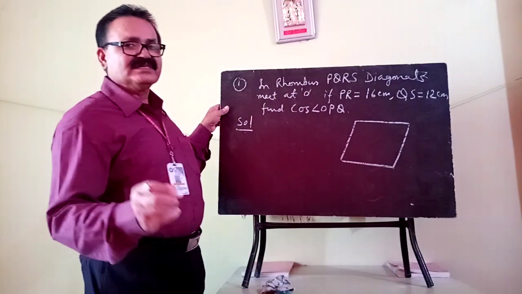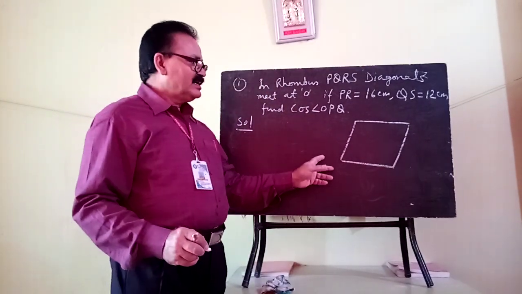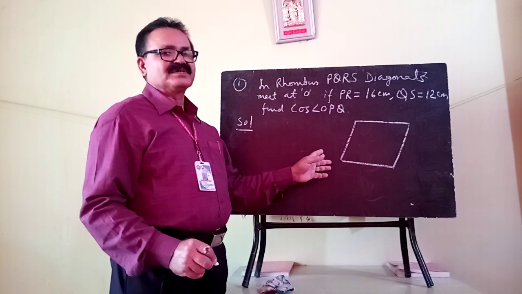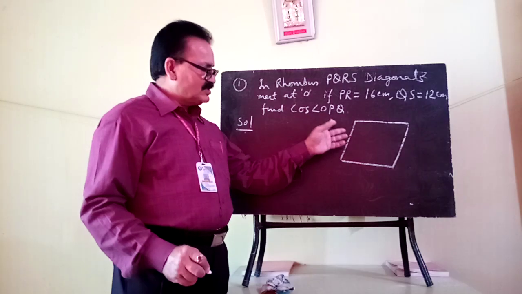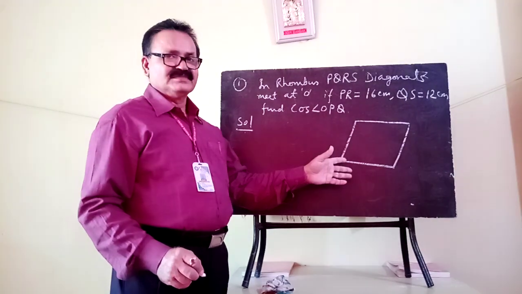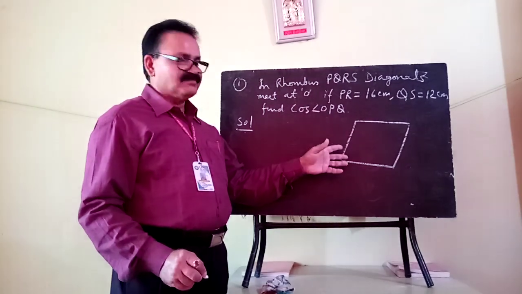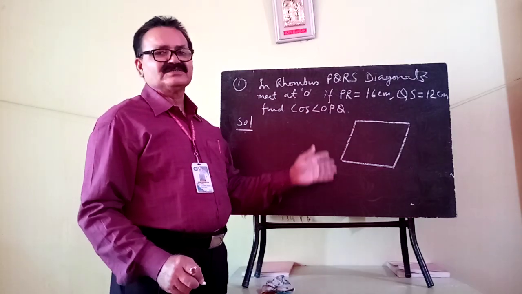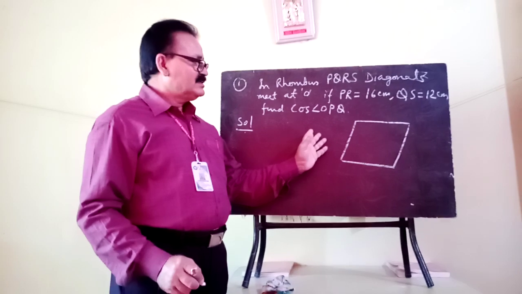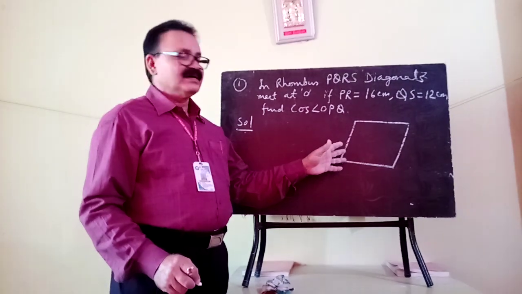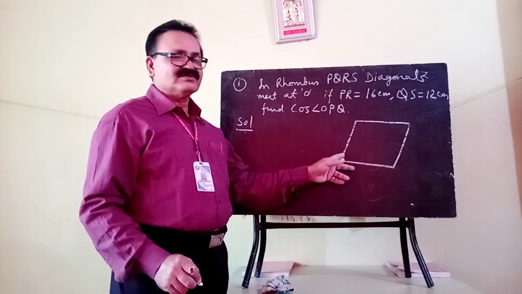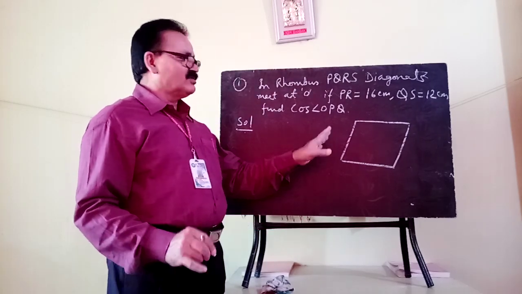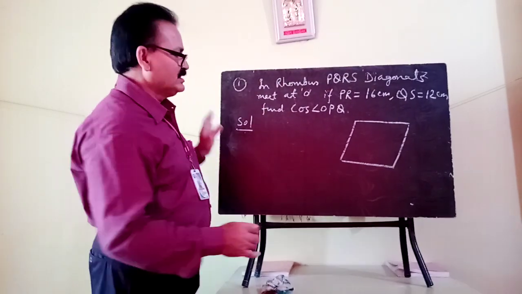A rhombus is a closed geometrical figure bounded by 4 sides, and all these 4 sides are of equal length, and a rhombus is also a parallelogram. But it is not a square, because the angle between two adjacent sides is not 90 degrees, so it is only an ordinary rhombus.